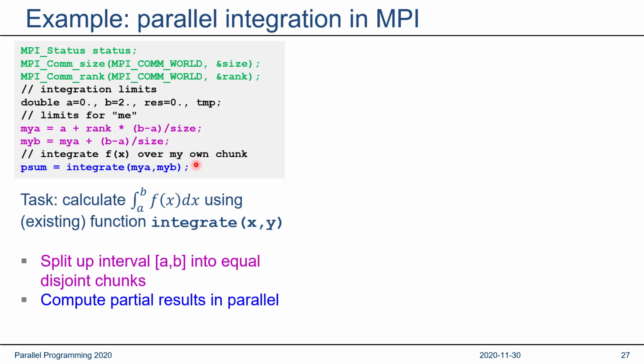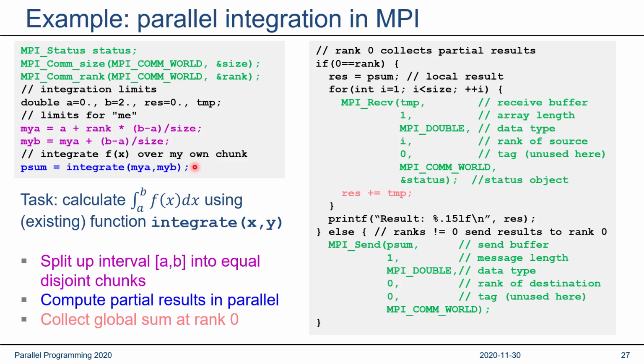So after the psum function returns, the actual work is done. The problem is that we have partial results now on each process. So we somehow have to find a way to collect these partial results to get the final integration. This is done using MPI point-to-point communication, of course. So we have a kind of master-worker scheme here. Rank 0 is the one that collects the partial results.